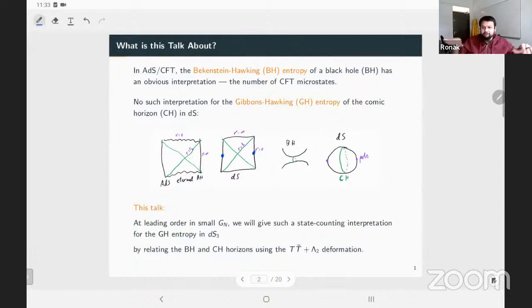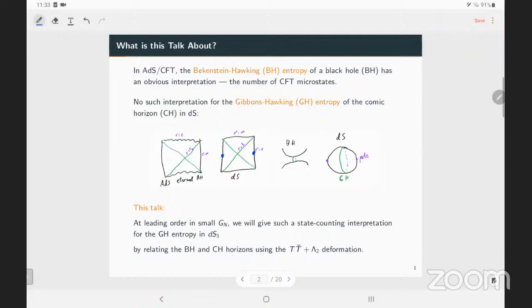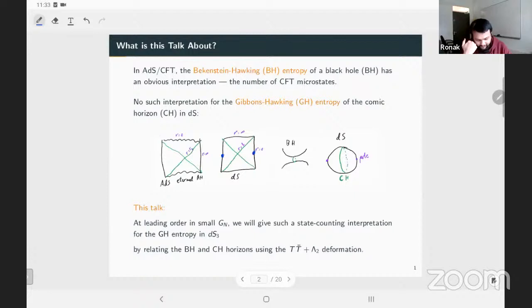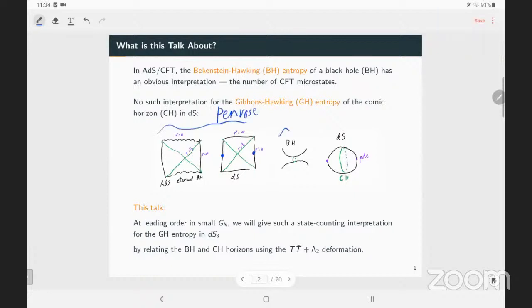Like these are spatial slices. So de Sitter, the spatial slice really looks like a sphere. Spatial slices, but the Penrose diagram has to have time, right? Oh yeah, but sorry, this is the Penrose diagram.